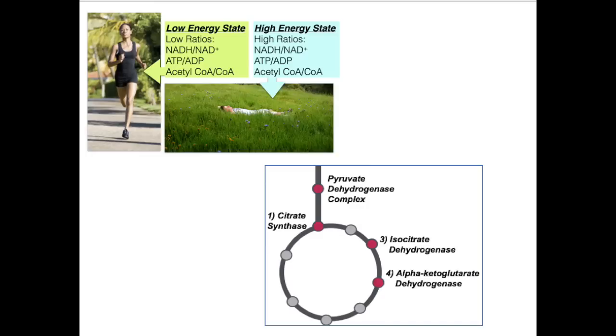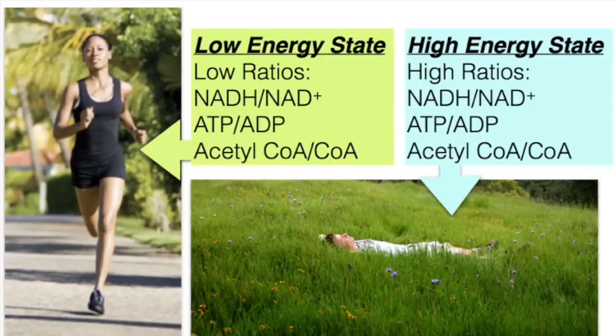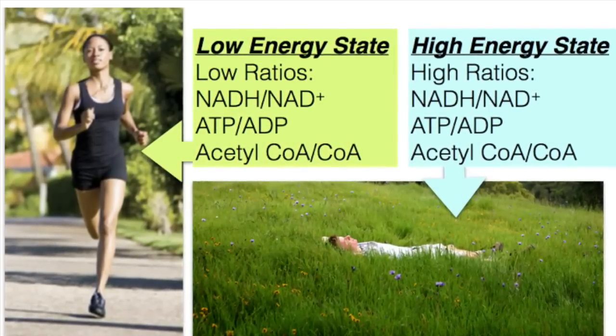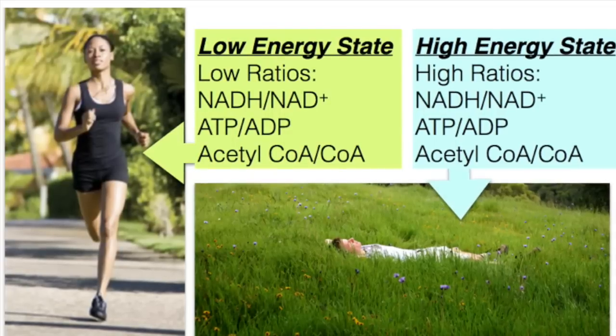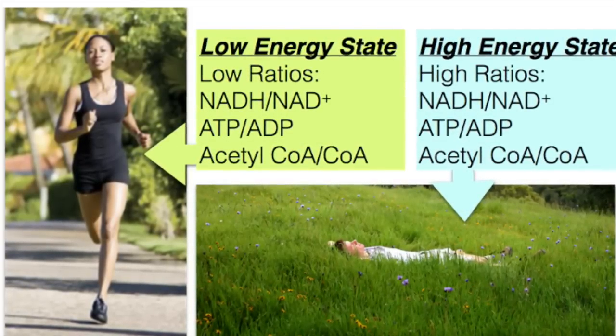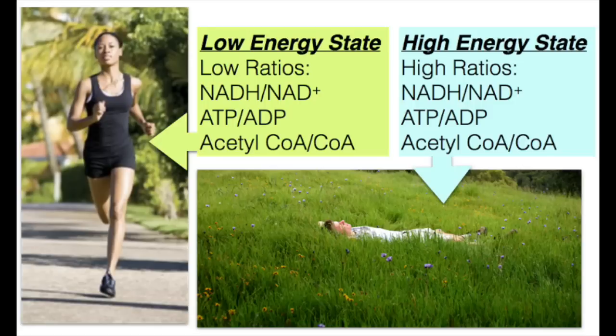An easy way to think about the regulation of this cycle is to realize that it's used for energy primarily, and so it's going to be regulated in terms of high energy or low energy in the cell. In low energy state, there'll be low ratios of NADH to NAD+, ATP to ADP or AMP if we're in really bad shape, and also low ratios of acetyl-CoA to coenzyme A. These all indicate that the cell has low energy stores, and it's time to get the cycle going.